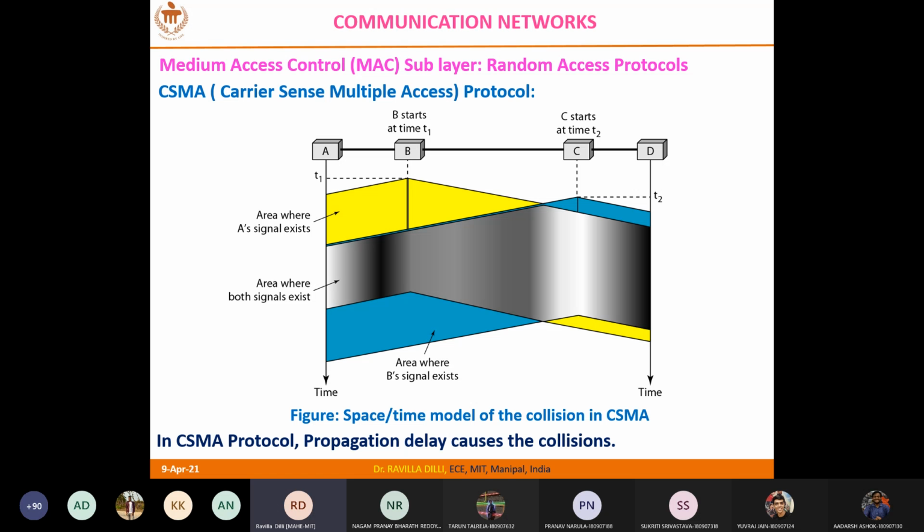A and D are the two nodes which are far away, at the two extreme ends of the network. A sensed the channel, it looked idle, so it started its transmission. The initial bits of the frame are just about to arrive at D, but just before that, D sensed the channel and it looks idle.